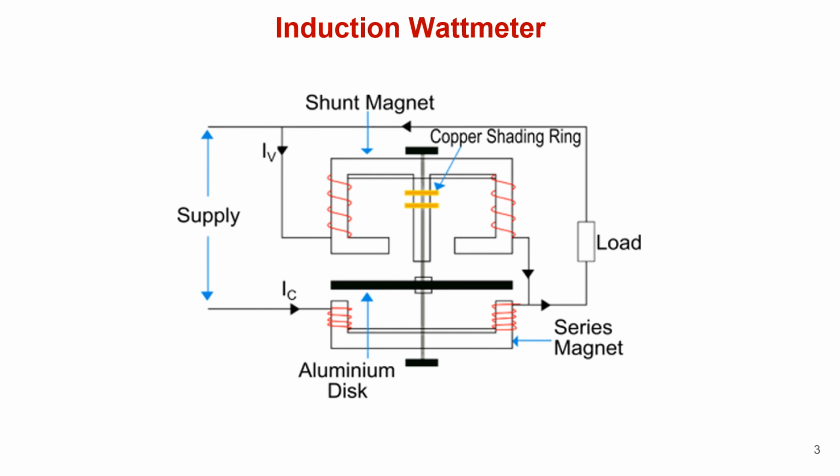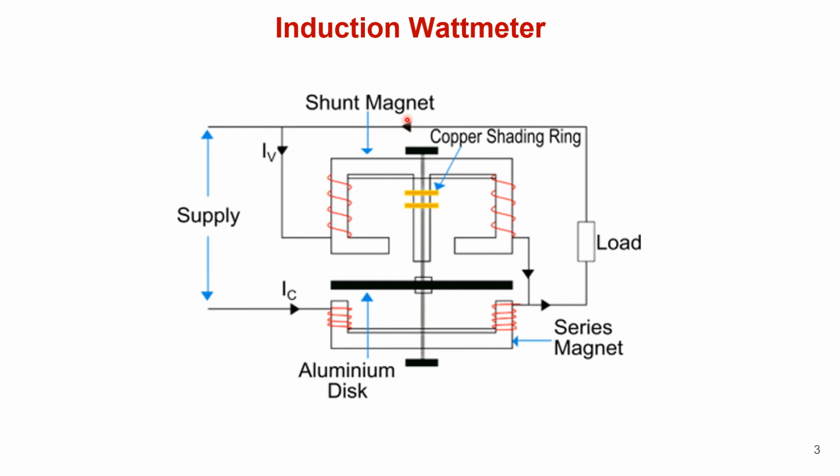Now the induction wattmeter, which works under the principle of electromagnetic induction. In the diagram, there are two magnets, one is the series magnet, another is the shunt magnet.